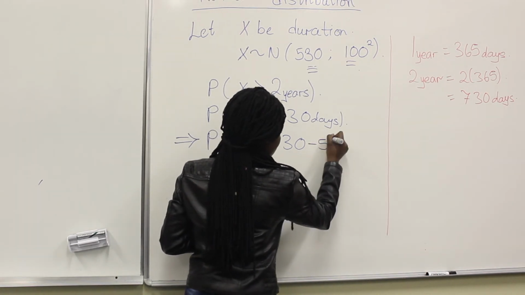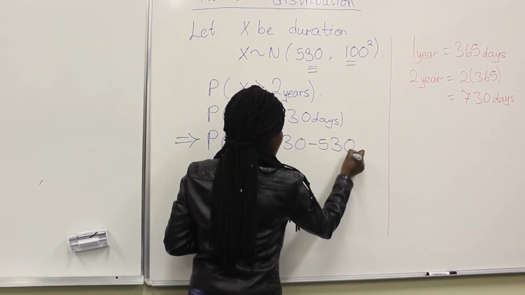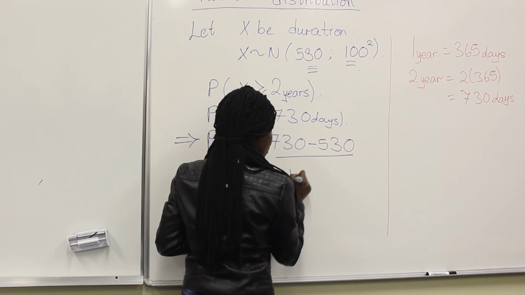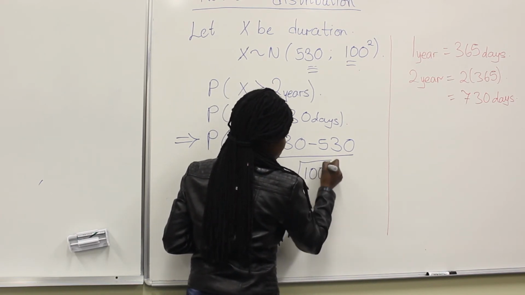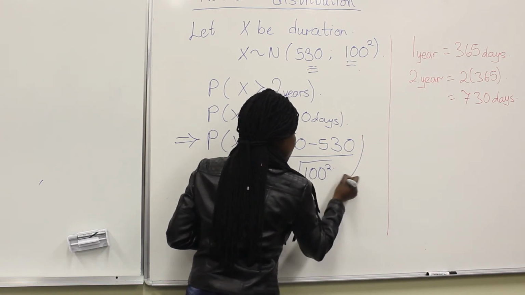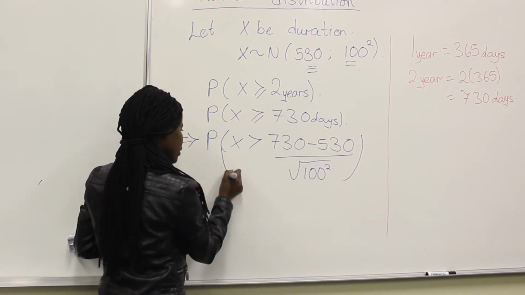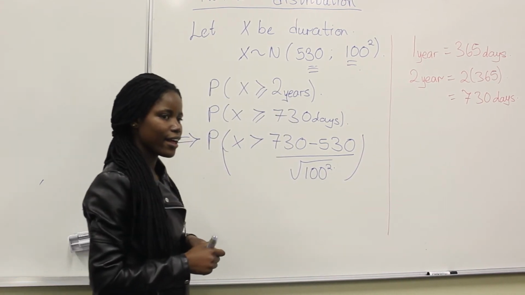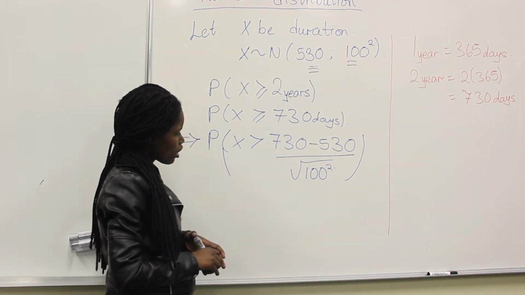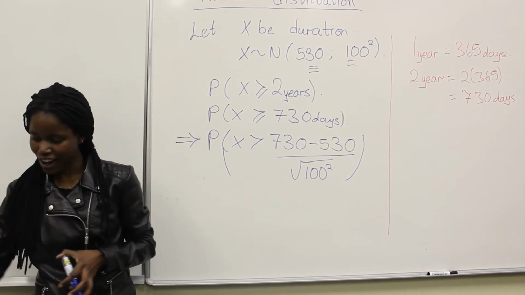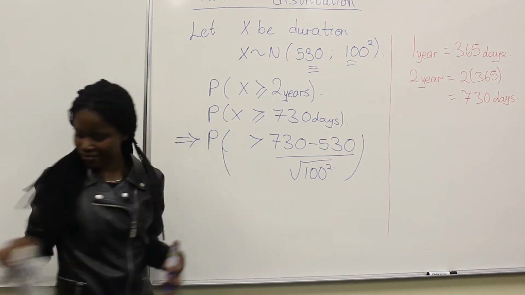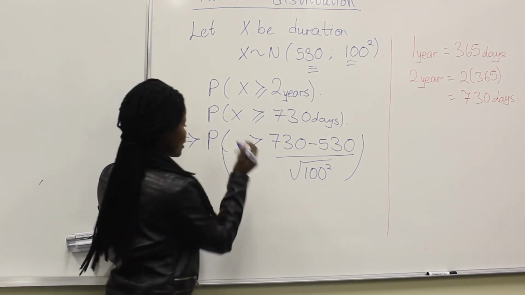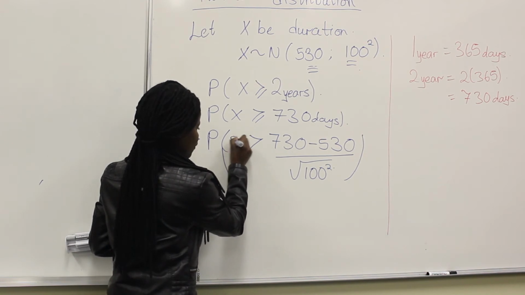Minus 530, divided by the square root of the variance, which is 100 squared. Isn't this supposed to be Z now, since we are converting it? Oh yeah, since it's standardized. This is actually a standardized thing.